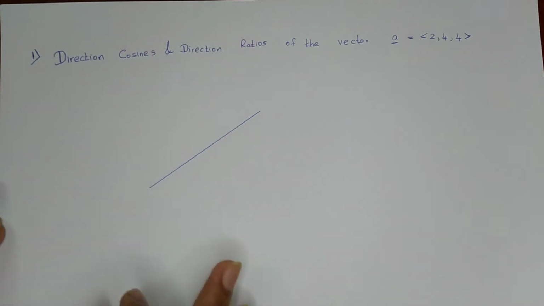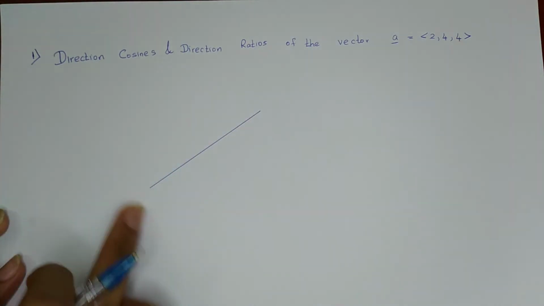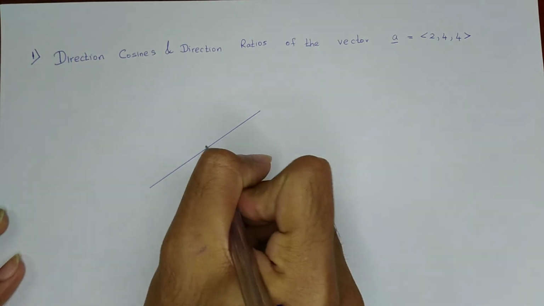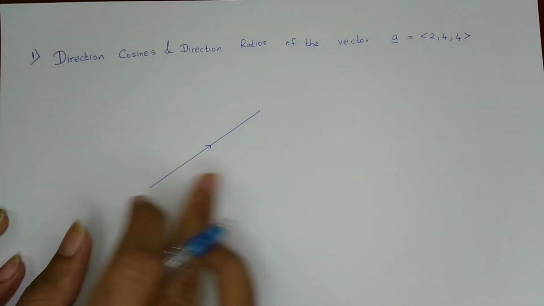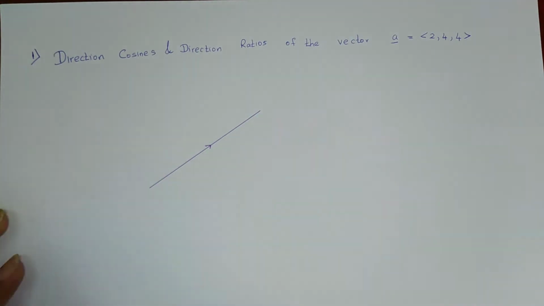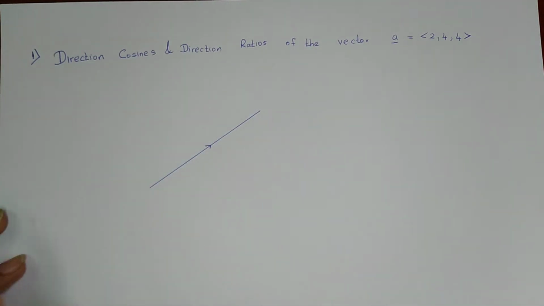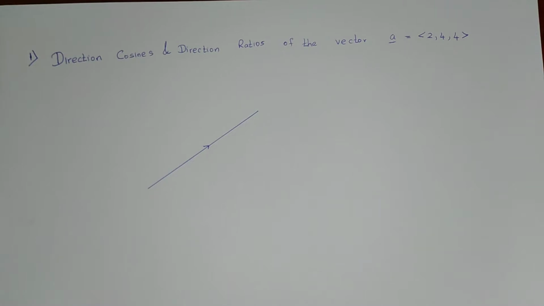So what's meant by the direction cosines of this direction vector? It's going to denote a direction. Let's say it's going in this path. And please remember, I have only drawn this 2D diagram, but just imagine it as a 3D diagram. With three axes, we are going to measure the angle from each axis.